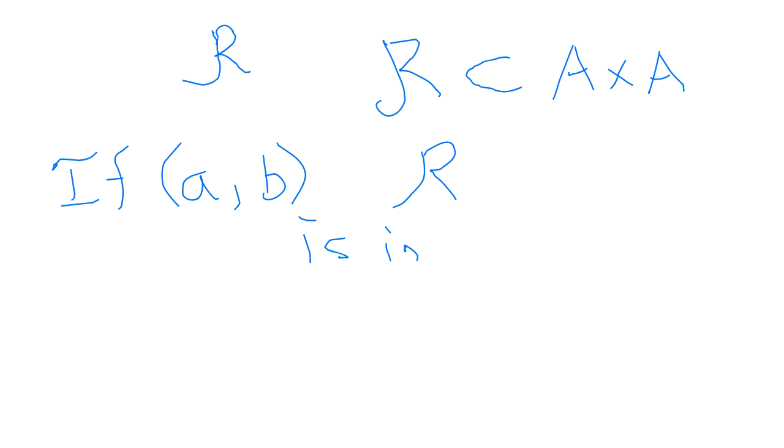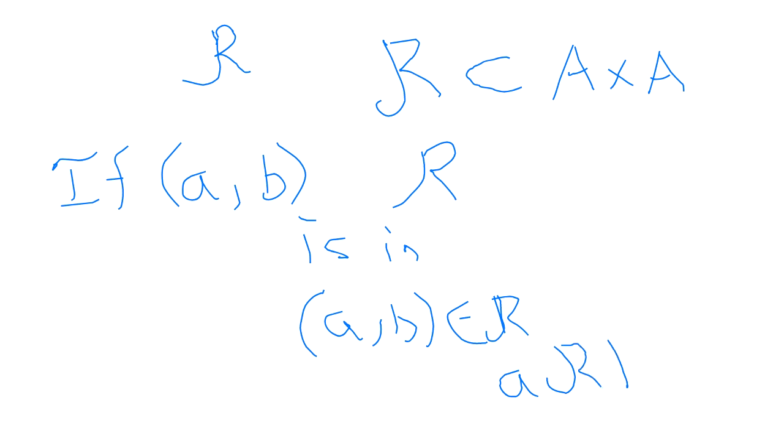So if (a, b) is in R, instead of writing (a, b) is an element of R, we write a is related to b, aRb.